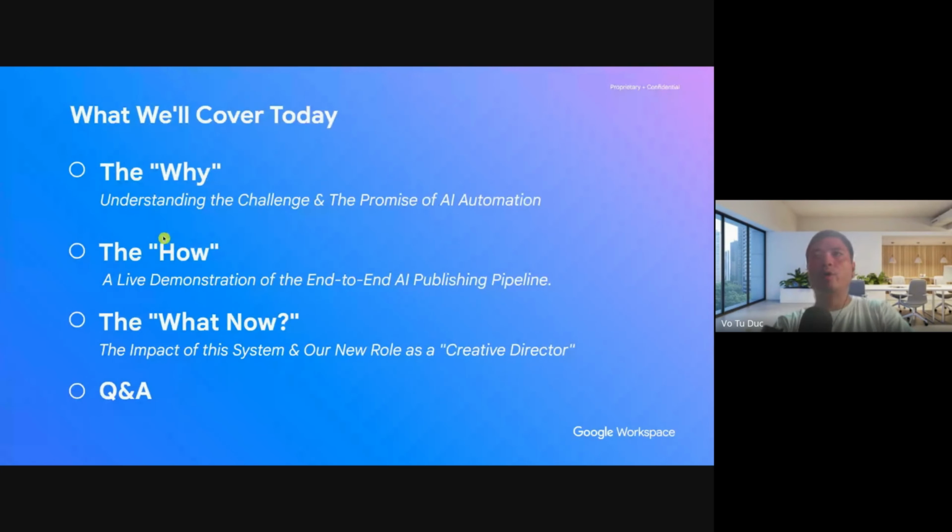We'll talk about the common challenges in content creation, then see the promise of what AI automation can do, then have a live demonstration of how the end-to-end AI processing will go, and finally some thoughts and questions from all of you.